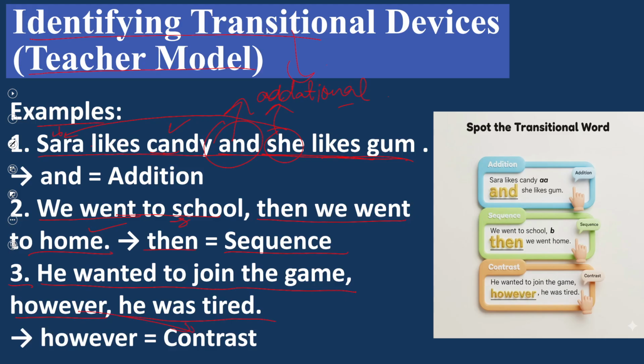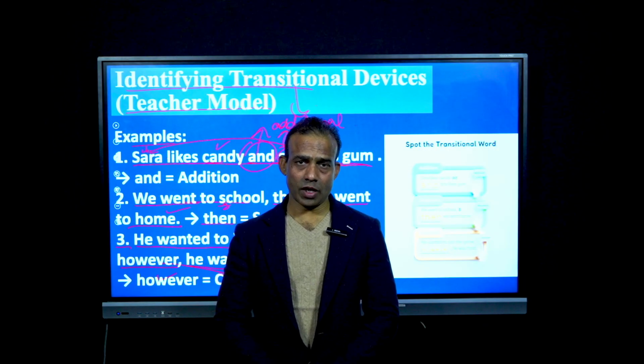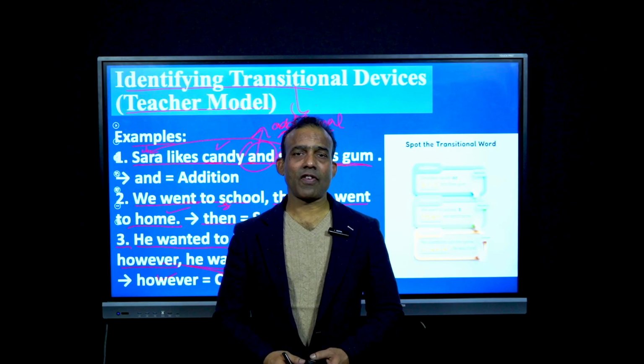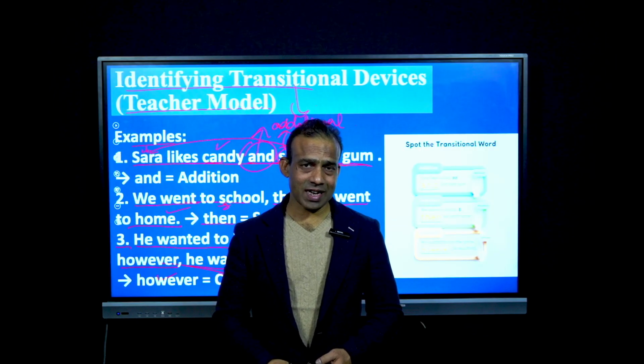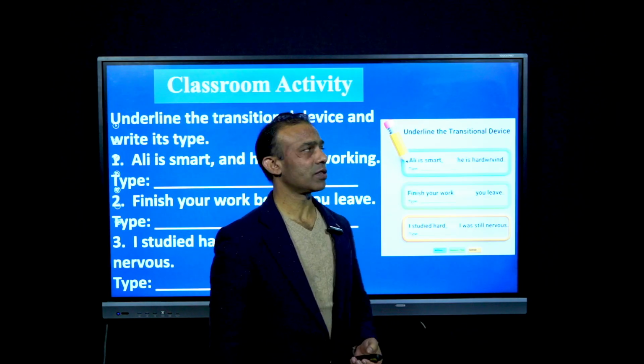However is depicting a contrast element. So in the third example, however is used, and that is a contrast transitional device. So dear learners, in this way we can identify transitional devices of these three types. Now move to the next part.